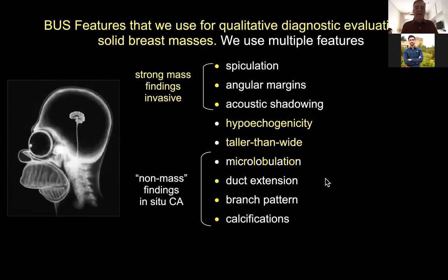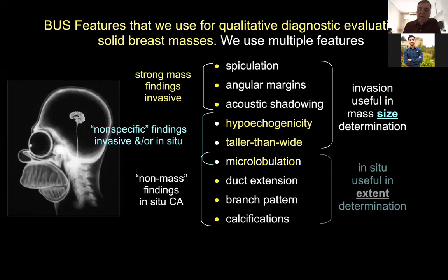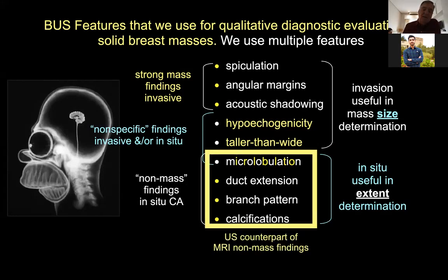So the DCIS parts correspond to the non-mass findings. The invasive parts correspond to the strong mass findings. And then we have some non-specific things like hypoechogenicity and taller than wide that can occur in either. So the strong mass findings are important in determining the maximum diameter of the index invasive lesion. The non-mass findings are useful in determining extent whenever there's a lesion that has mixed DCIS and invasive components or pure DCIS components.